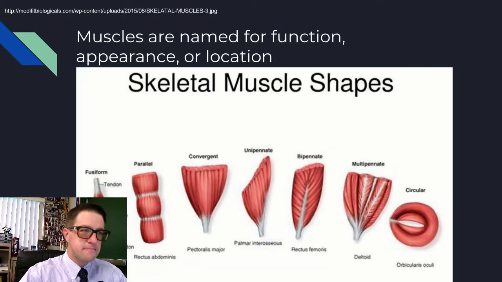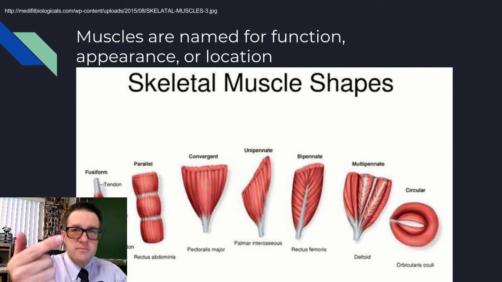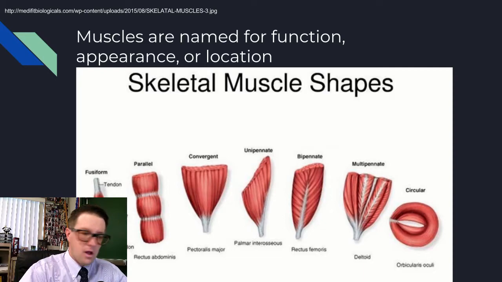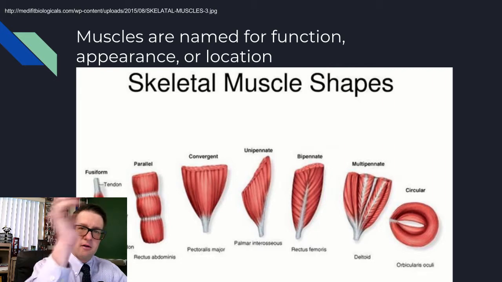Seems easy enough. When we name skeletal muscles, we typically look at one of three things. Sometimes it's a combination. Usually among the names, we can talk about what the thing actually does. So if we have a carpi flexor, that's going to be a muscle that flexes your wrist.